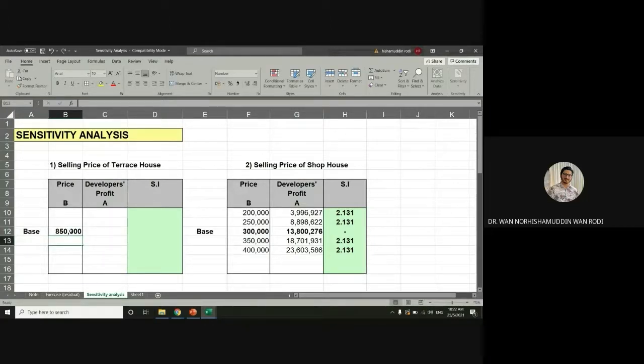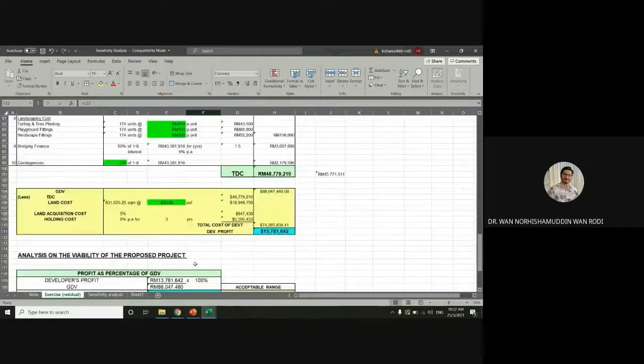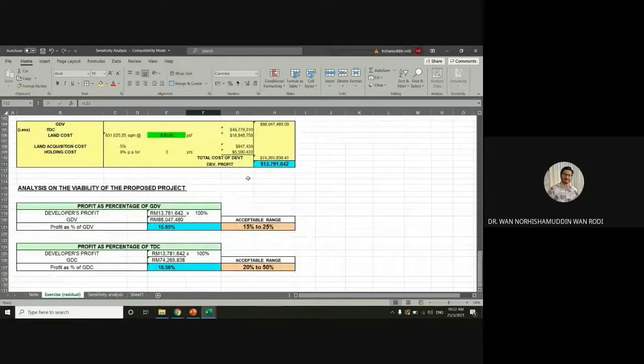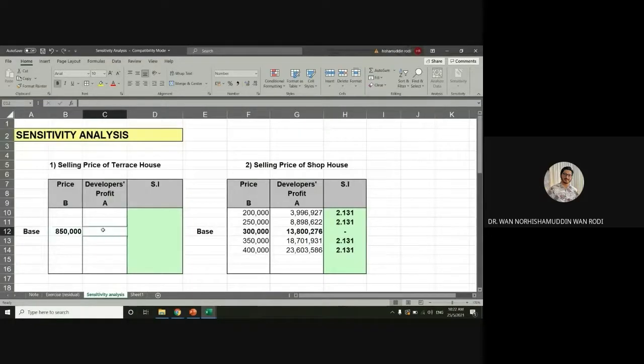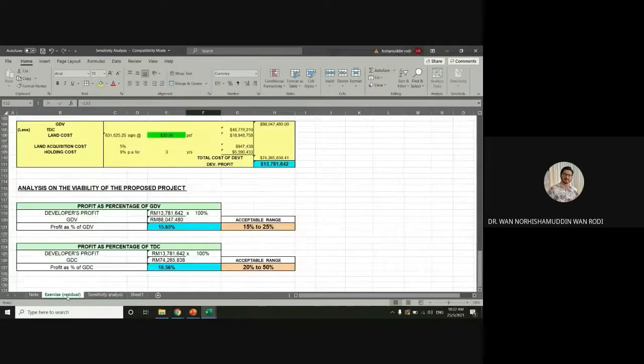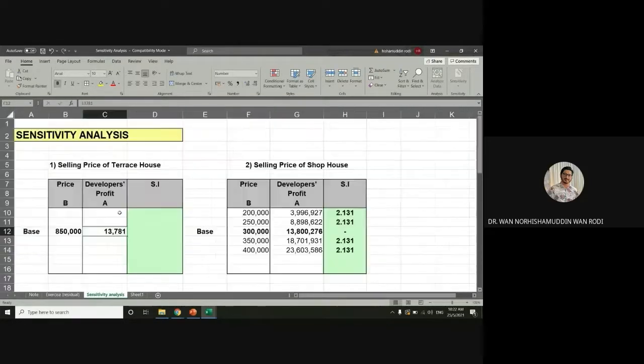Using the 850,000 price, we obtain 13,781,642. This will be our base in terms of price for developer's profit.